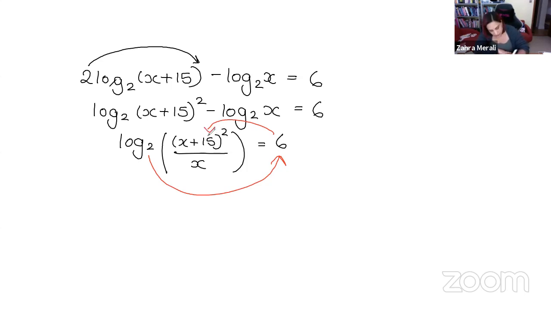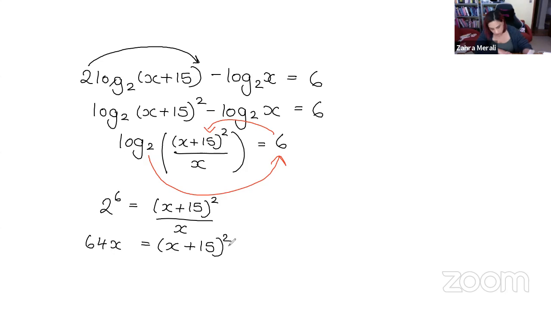So essentially we've got 2 to the power of 6 equals everything that's in that bracket. And we can go ahead and open that all out. 2 to the 6 is 64, so you'd get 64x equals x plus 15 squared. You'd open it all out, you'd get a quadratic. We're not going to go into that right now. And then you could go ahead and solve that.